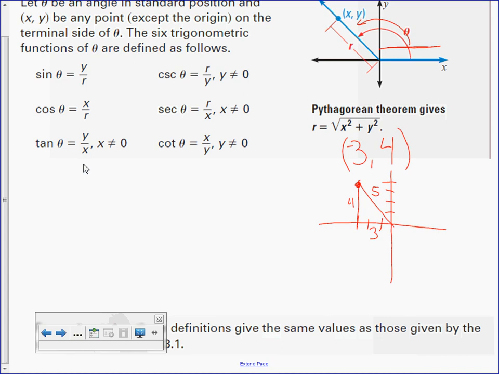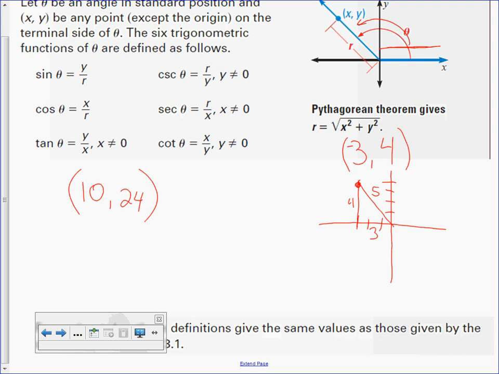So what we can do now is we can take any ordered pair. Try to make this easy. (10, 24). I can take that ordered pair, 10 and 24, and I can write out all 6 trig functions that occur at that triangle.